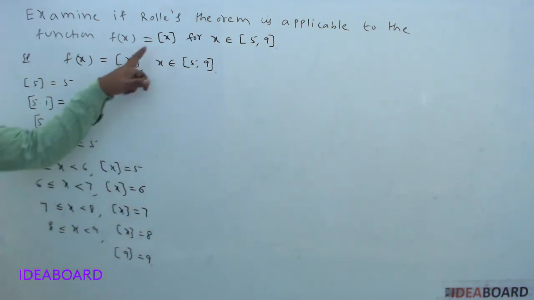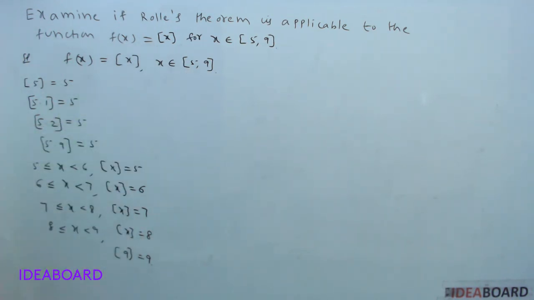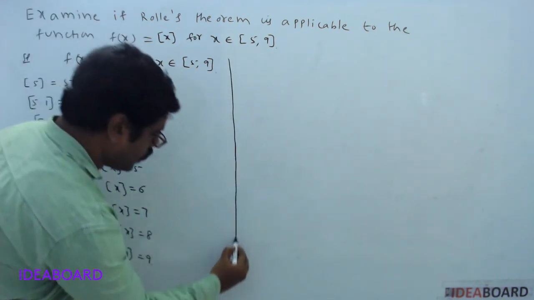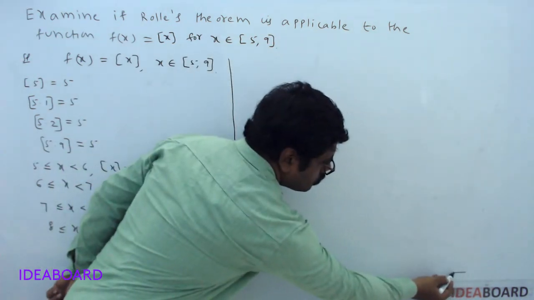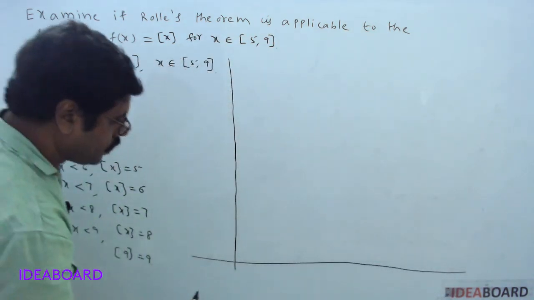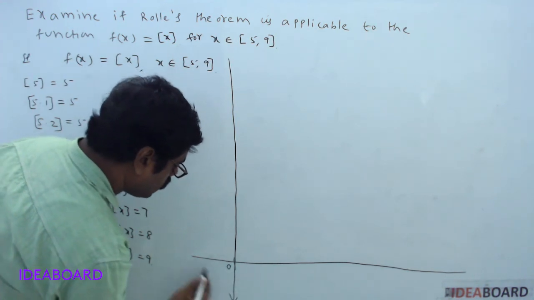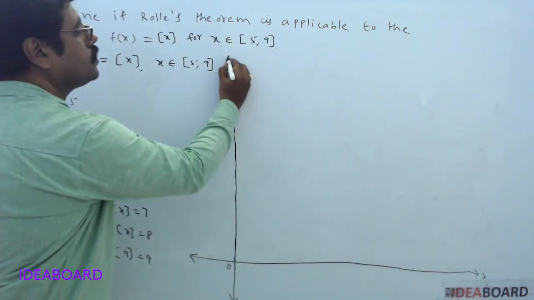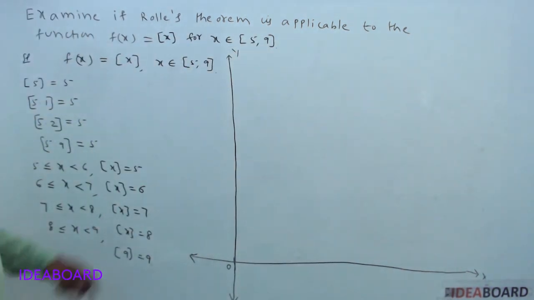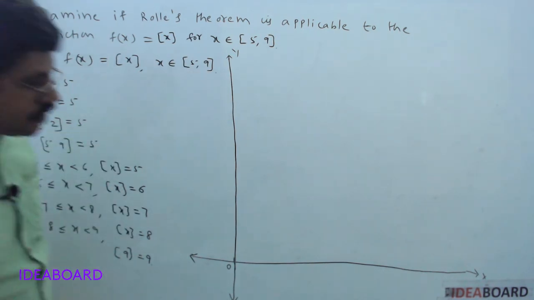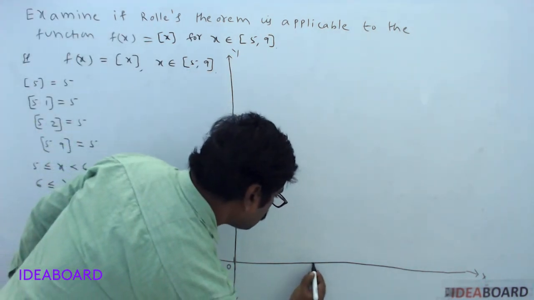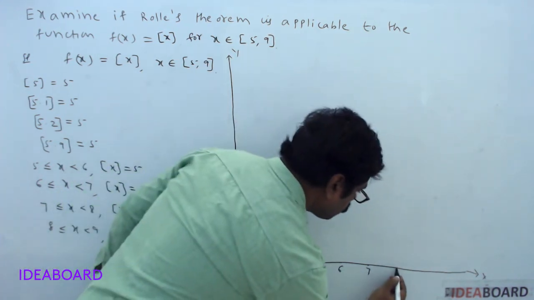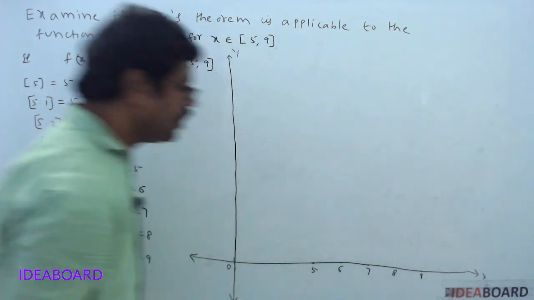Now make the graph of the function step of x in the interval closed 5 comma 9. Suppose this is origin, this is x-axis, this is y-axis. Now take the x values from 5 to 9. Suppose this is 5, 6, 7, 8, 9.